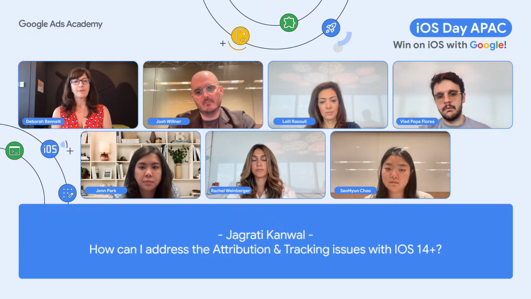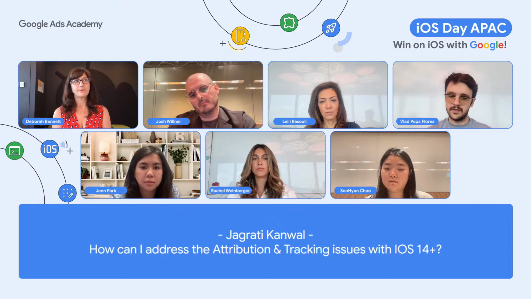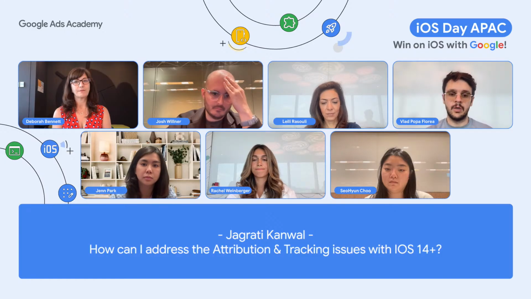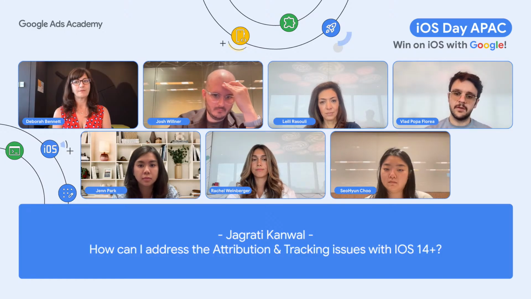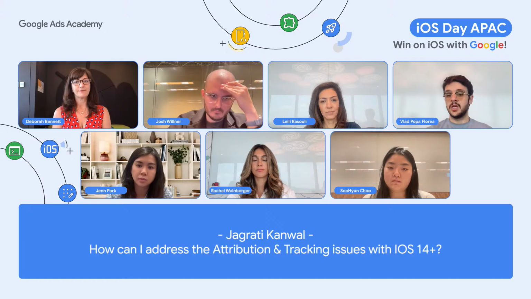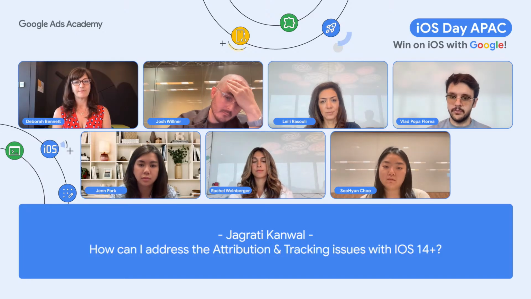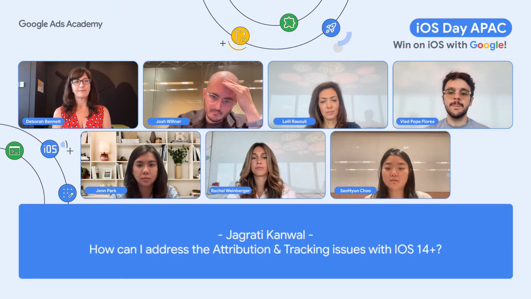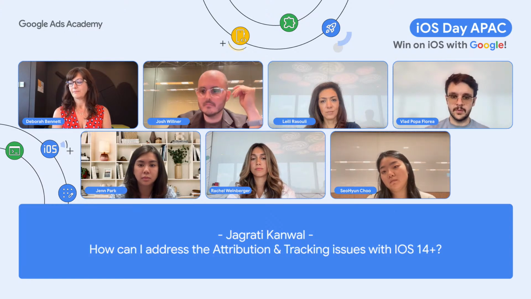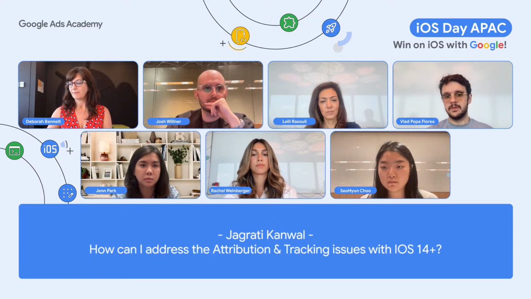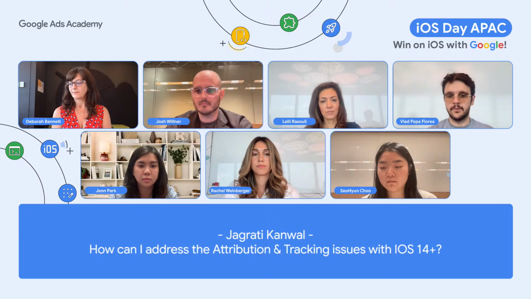But again, I want to reiterate, in order to take advantage of the solution, you need to perform two key steps. The first one of which is implement on-device conversion measurement using event data. You can do so by updating to the latest version of the Google Analytics for Firebase SDK, available as of this week. And then the second important step is to update your MMP SDK to the latest version, right?